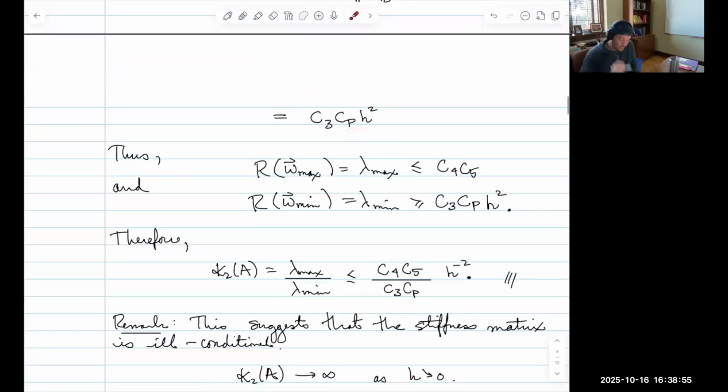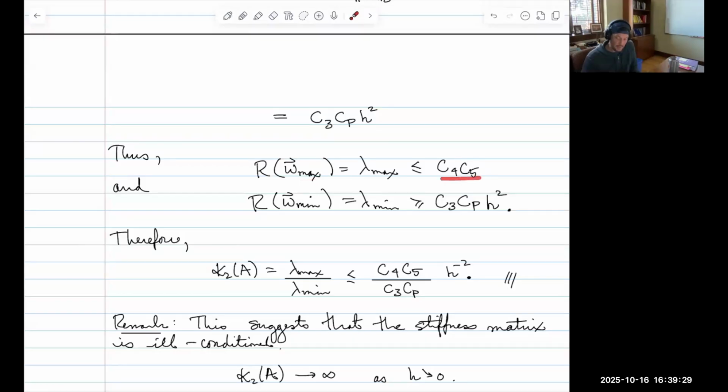Now, you probably know this or have heard this, the largest possible value of the Rayleigh quotient is obtained by putting in the eigenvector associated with the largest eigenvalue. And the largest value that it takes is lambda max. That's the largest that the Rayleigh quotient could possibly be. And our estimate said that for any vector we have this upper limit, and therefore that holds true for the eigenvector as well.